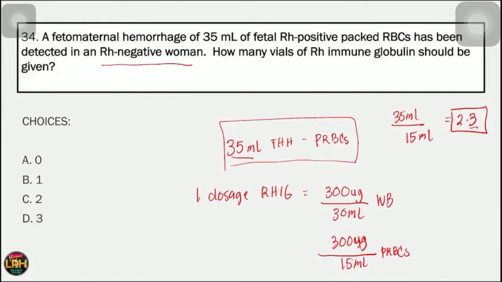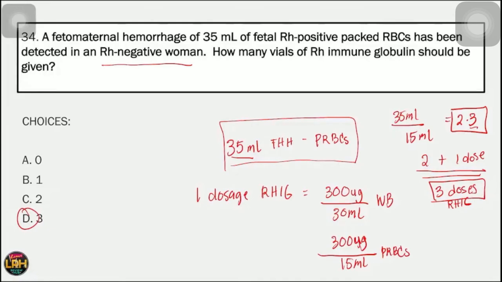This indicates that we have to round it down. So, we have 2.3, round down. That is 2 doses plus 1 dose. So how many vials or dosage of RHIG should be given to the mother? We have 3 doses. So the answer in number 34 is 3.